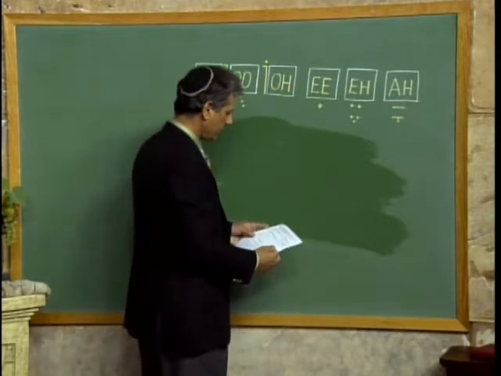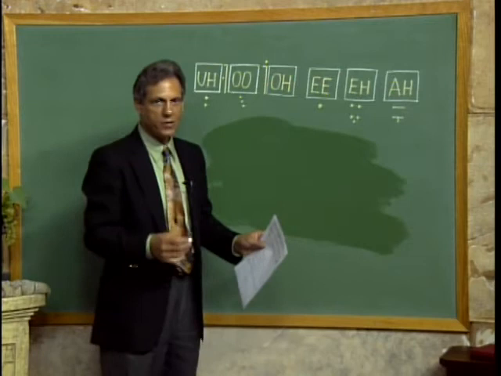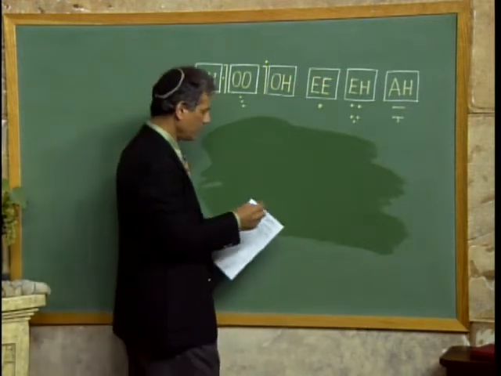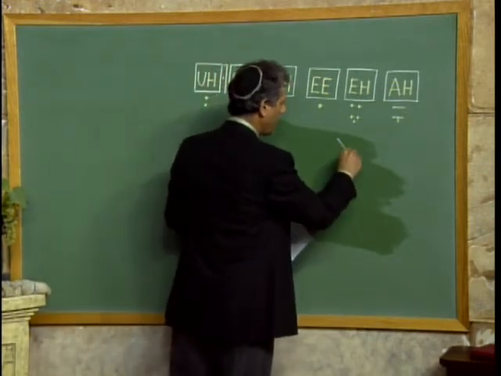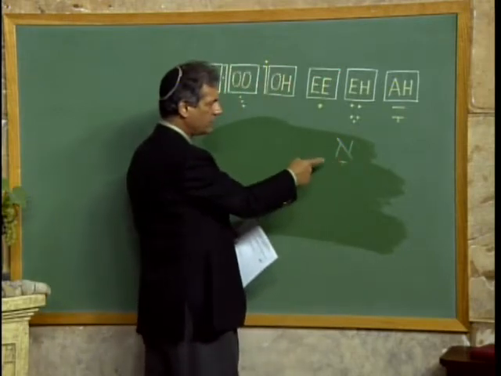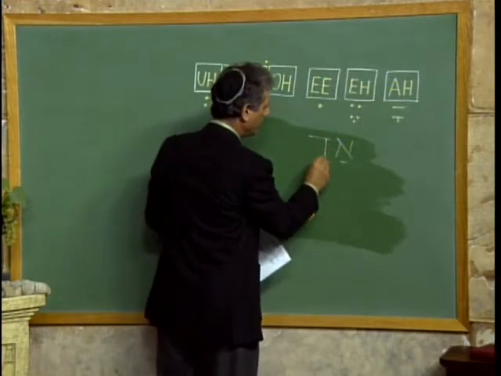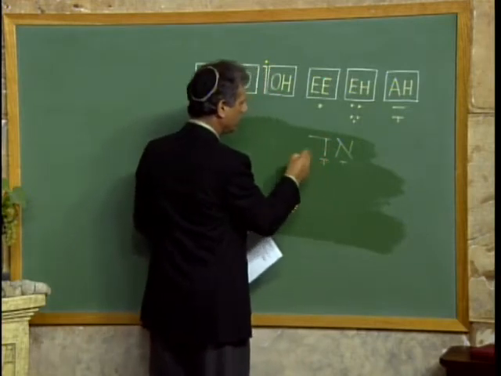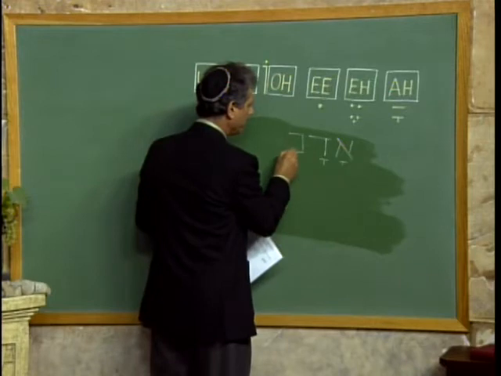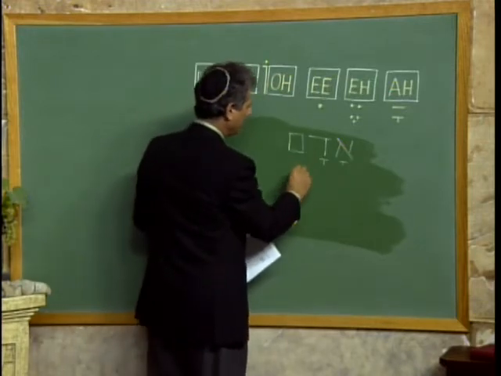And the sound, let me just say about the sound A, give you a few examples. Here is Adam, A, Aleph with an A sound, Da, Daled with an A sound, and the letter Mem, ending Mem, and that's Adam.